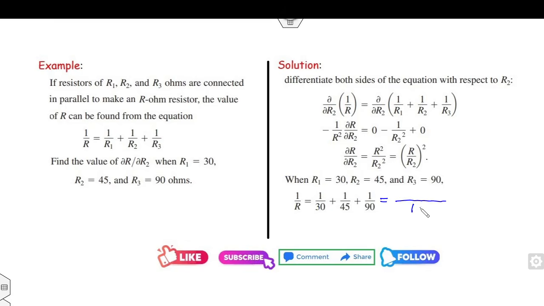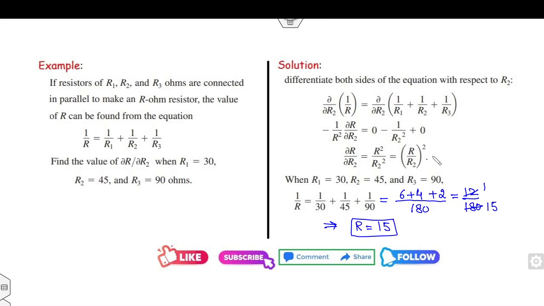The LCM is 180, 6 plus 4 plus 2, so that is 12 over 180, so that is 1 over 15. So this implies R is equal to 15.